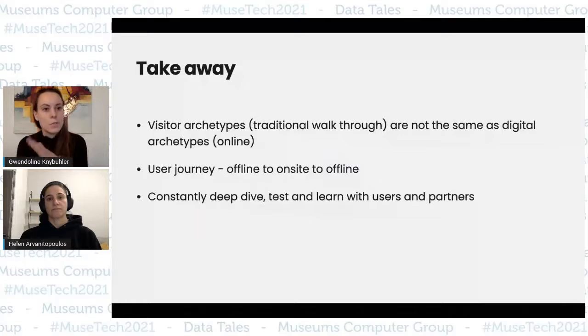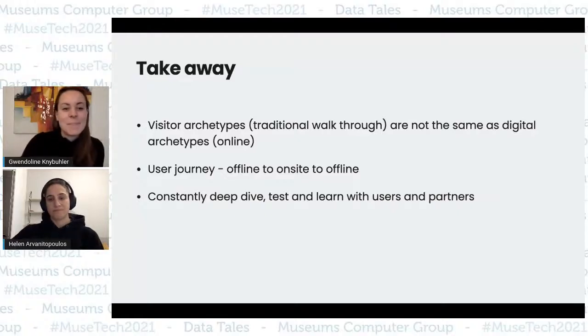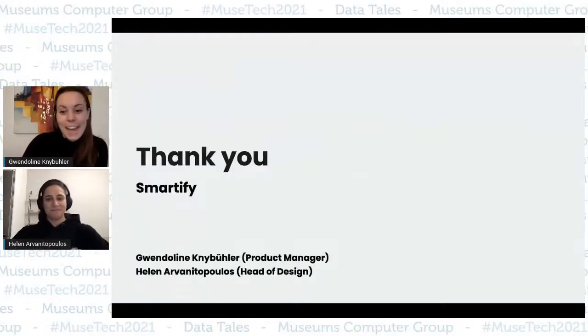And here, for instance, we've created an exit through the virtual gift shop experience where they can also exit the visit virtually. It's a constant cycle of deep diving into the numbers, testing, learning with users, testing with partners, and starting again. Thank you very much.